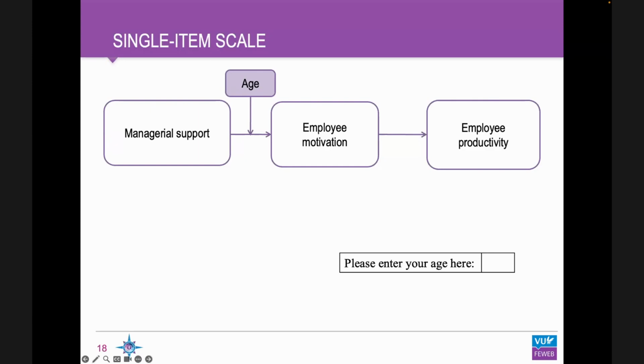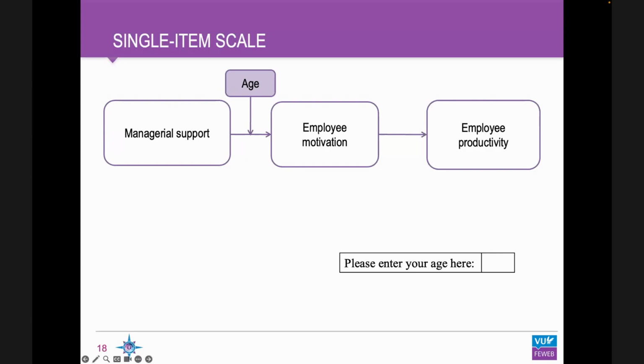And employee satisfaction could also be where you ask multiple questions, different aspects of satisfaction to construct a more accurate observation of this concept. And when you have these complex variables, of course, it's very hard to measure them with one item.